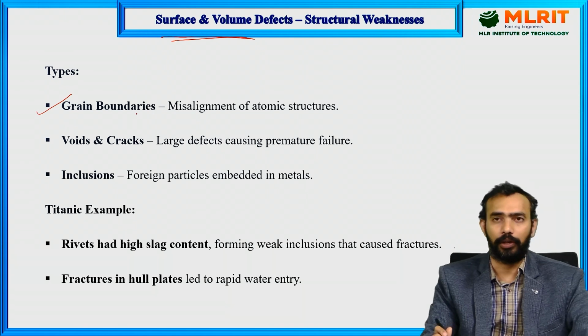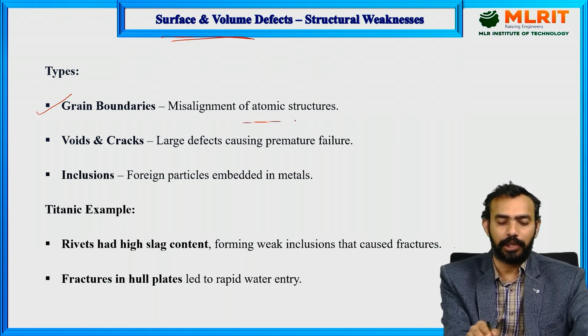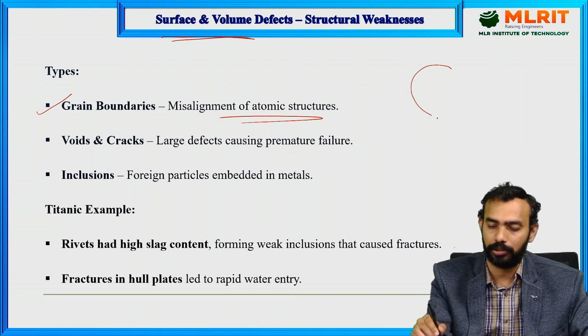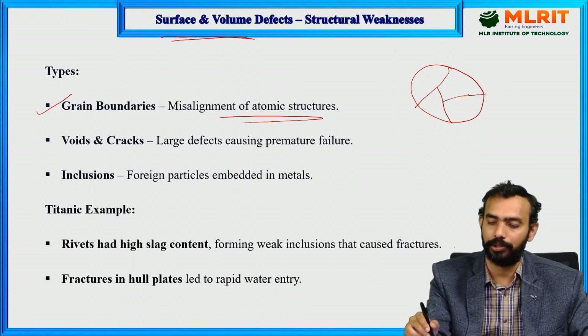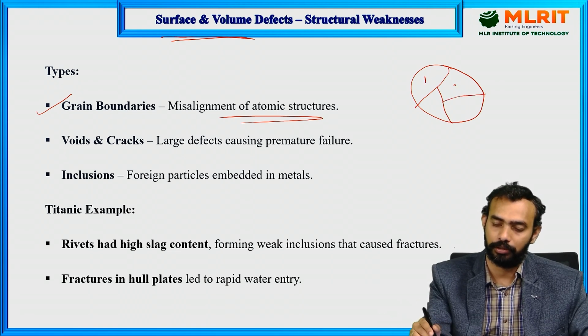One is grain boundaries. Grain boundaries are the misalignment of atomic arrangement, especially in polycrystalline material. In the previous class we have seen that in a polycrystalline material there will be multiple grains. If this is a polycrystalline material, this is grain 1 and this is grain 2, 3 and 4. Between the two grains you will have the grain boundary.